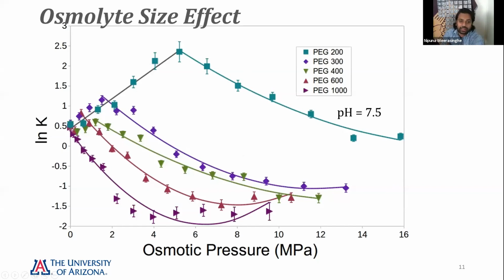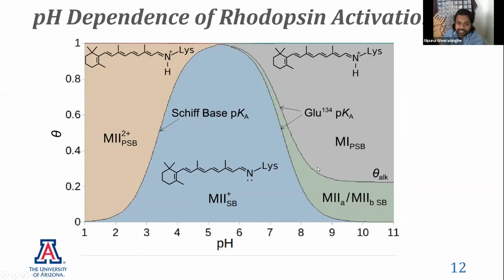Then we try to determine the effect of osmotic stress on the pH-dependent rhodopsin conformational dynamics. As you can see from the graph, the lower pH favors the meta 2 state, higher pH favors the meta 1 state, but due to the thermal population, we don't get 0% meta 2 even at the very high meta 1 favored condition.